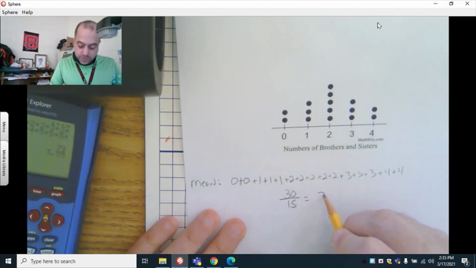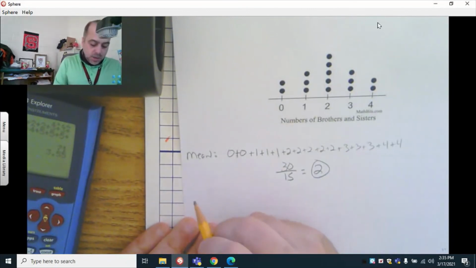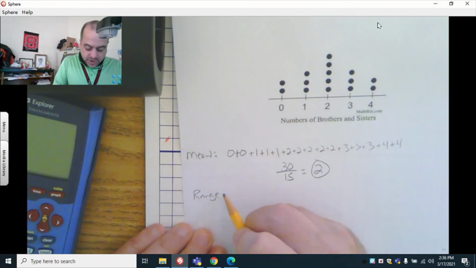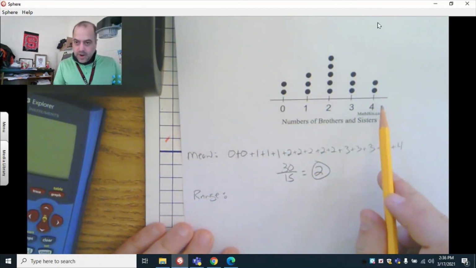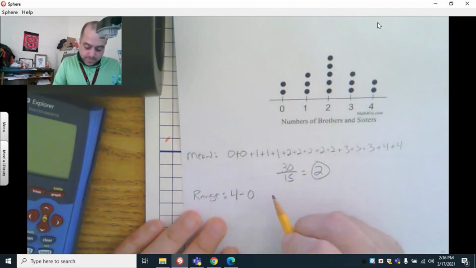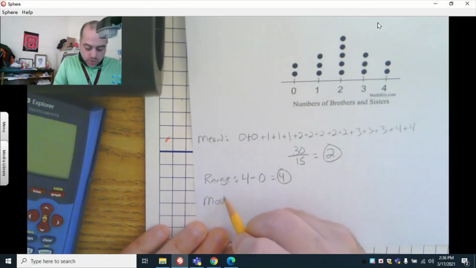And that is 2. So our mean is 2. Easy. Let's do the range. The range is simple. When you have a graph like this, the biggest number was 4, right? The smallest number was 0. 4 minus 0 is 4. There's your range.